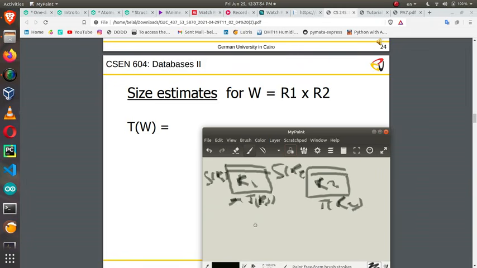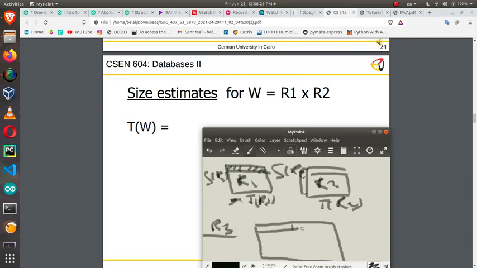Well, we create a third table R3, all the result sets, okay, the result of the cross product between R1 and R2 are gonna be stored inside R3. So we take each tuple from R1 and combine it with each tuple from R2.